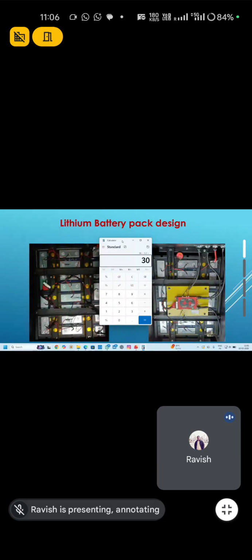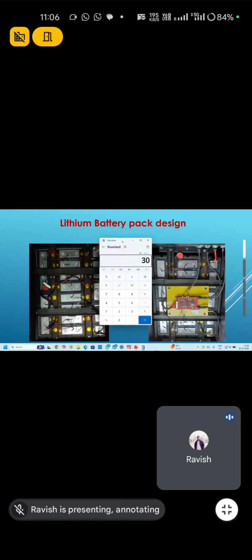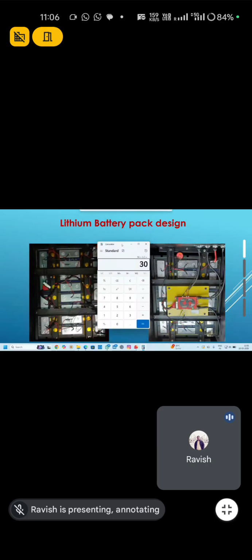You can check the terminal voltage, it shows 96 volt, and if you check the cell voltage, the nominal cell voltage will be 3.2 volt. I already told you how to check the cell voltage in the next slides.